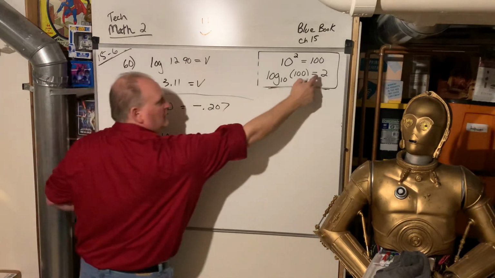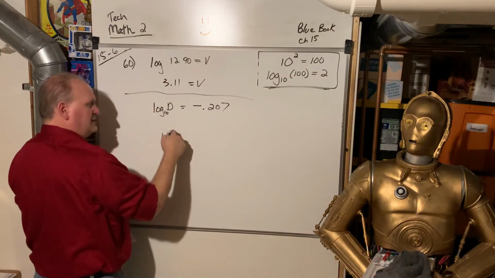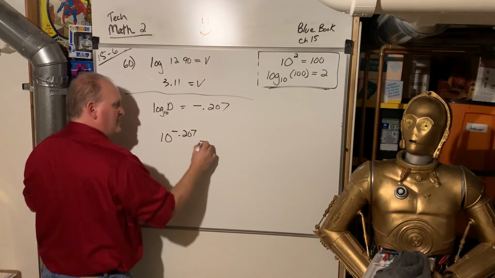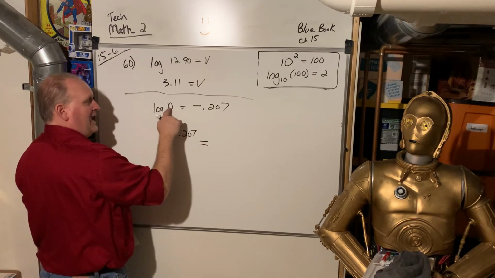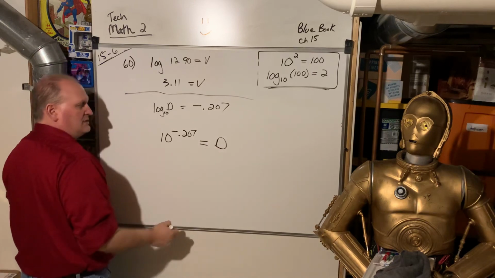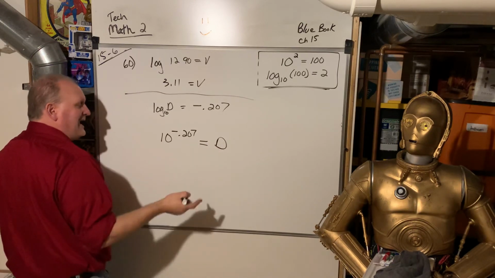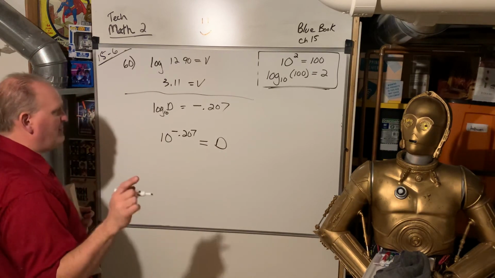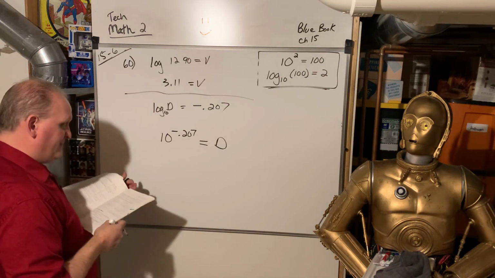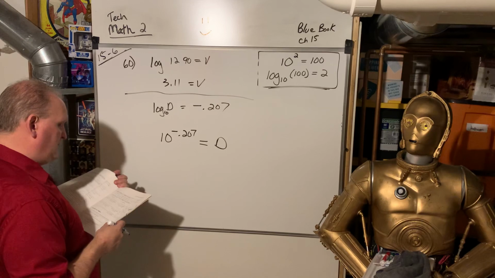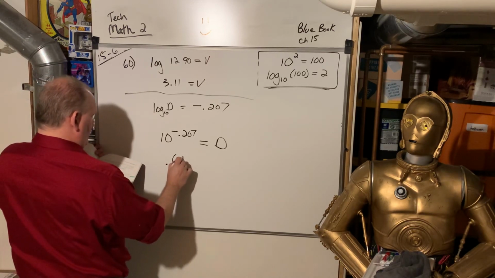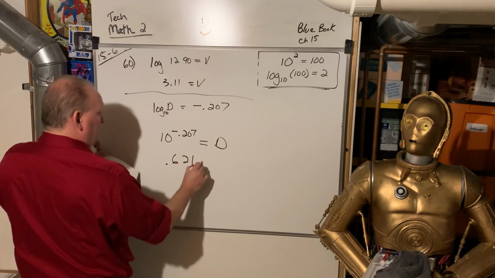The power goes on the 10, so negative 0.207 equals, and then that number that was 1290 on the last one, it's d on this one, goes there. So now I have to tick that into my calculator, 10 to the power negative 0.207, and that gives me 0.621.